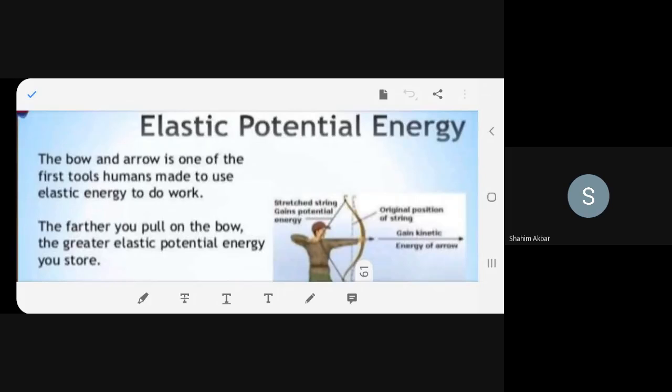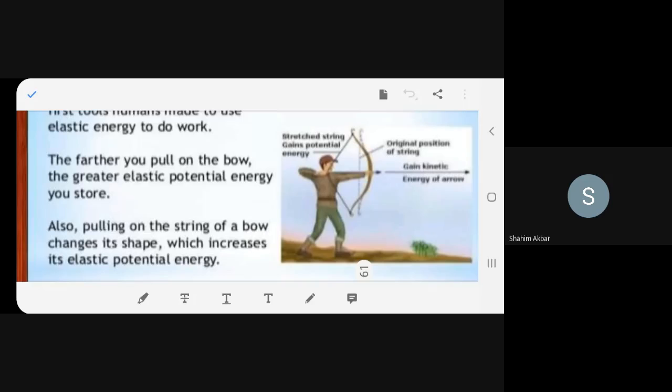The bow and the arrow is one of the tools humans made to use elastic energy to do work. The farther you pull on the bow, the greater elastic potential energy you store. Also, pulling on the string of a bow changes its shape, which increases its elastic potential energy.